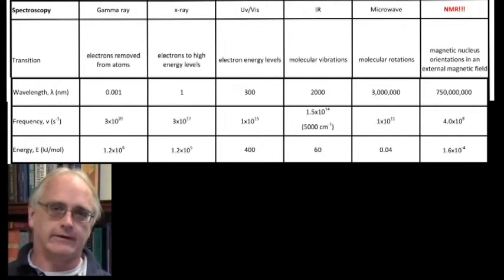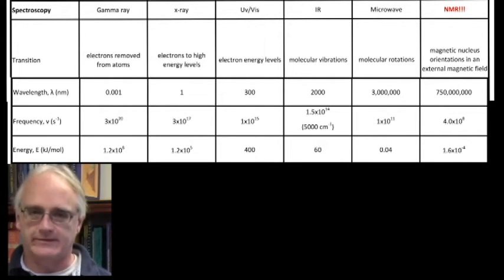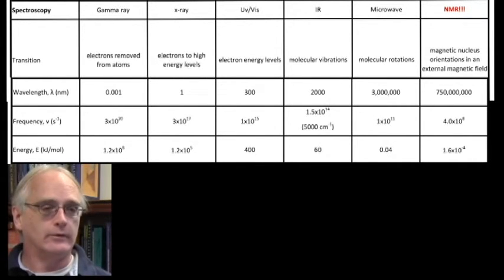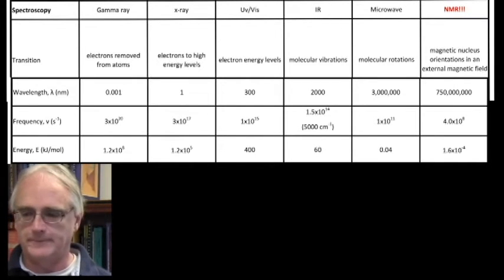And you can see here again comparing gamma to NMR as the two extremes, that gamma ray spectroscopy uses by far the shortest wavelength, highest energy, highest frequency light, and NMR over there is the lowest energy, longest wavelength, and lowest frequency light typically used in spectroscopy.